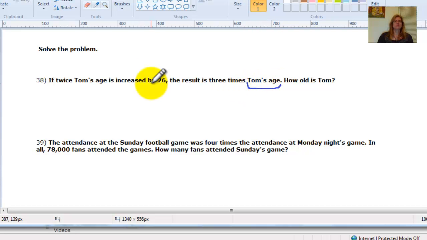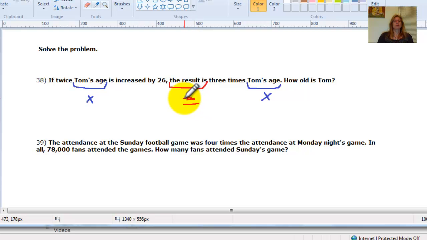Okay, so let's take the first thing and figure out what's the variable. That would be Tom's age. Anytime there's a phrase, Tom's age, we have the variable x. So let's take some more words and work with them. The result is, when you have that phrase, that's an equal sign.